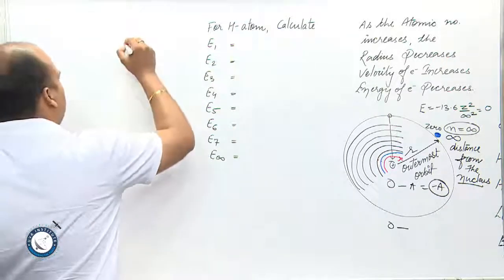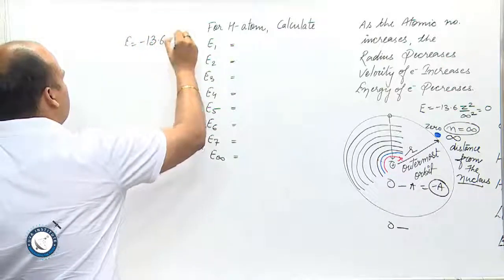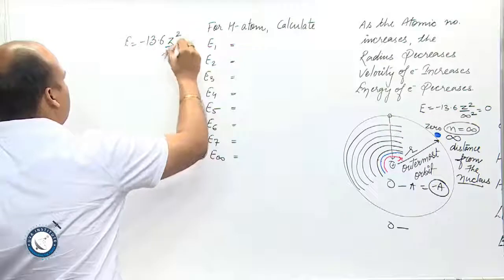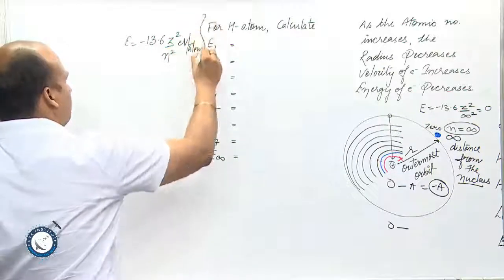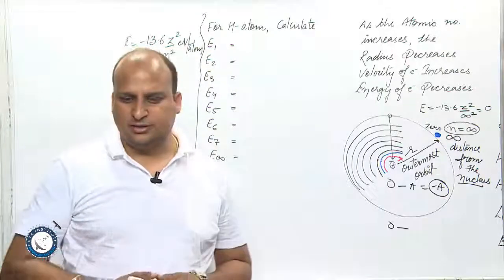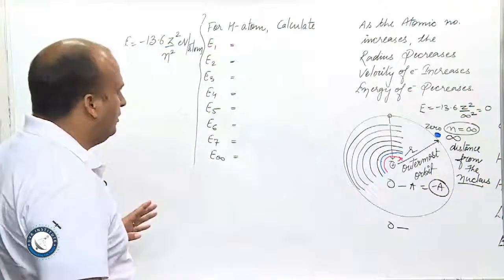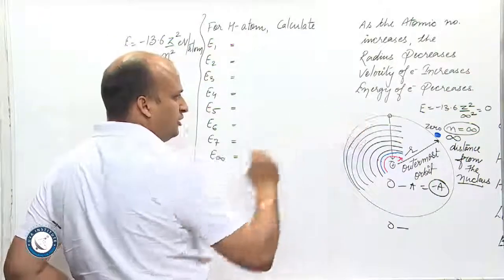The formula I will repeat once again. It is minus 13.6 Z square by n square electron volt per atom. Calculate the values of energy. Clear? Obviously this value will be 0, as told to you earlier.